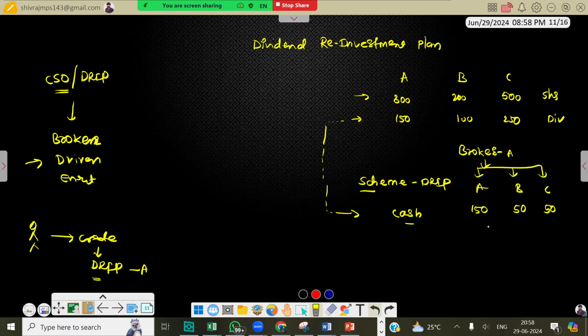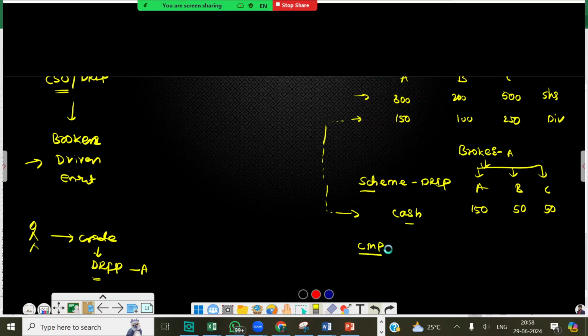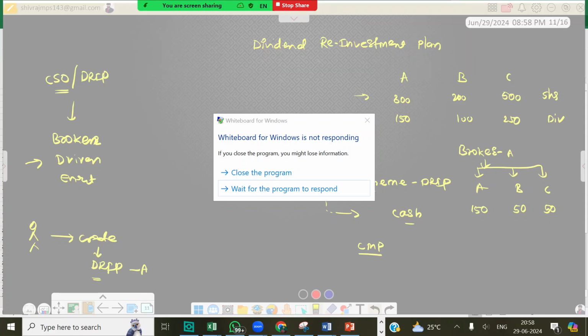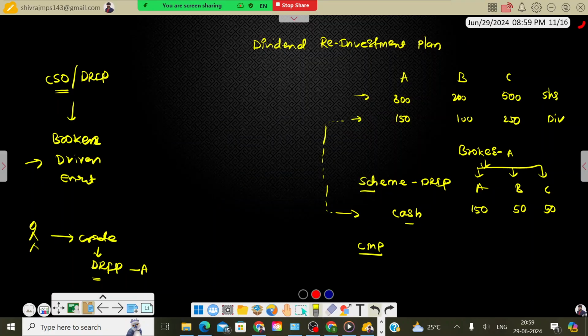Right, so the broker will process it, and let's say the current market price of that same share is 2 rupees in the market.